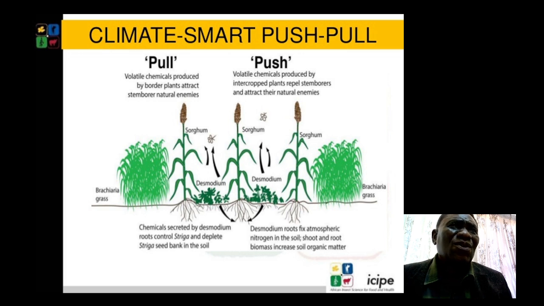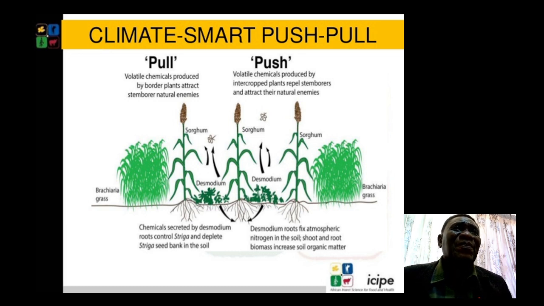Right, so we have got Desmodium as the intercropping with the sorghum. Here we have actually two problems. We have got the stem borer, which can destroy sorghum. We have got the parasitic weed, which can also destroy the sorghum.